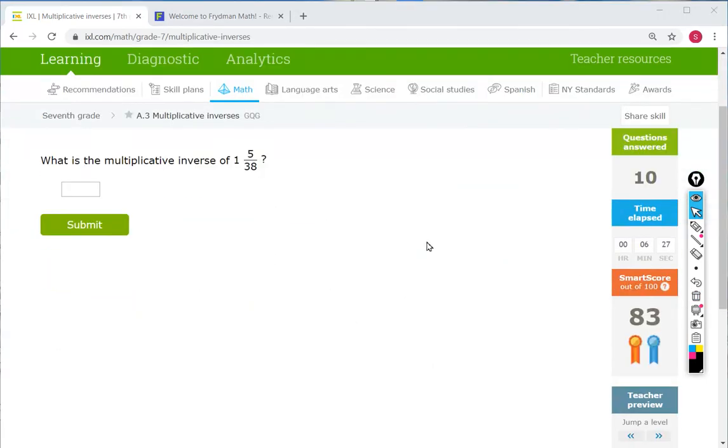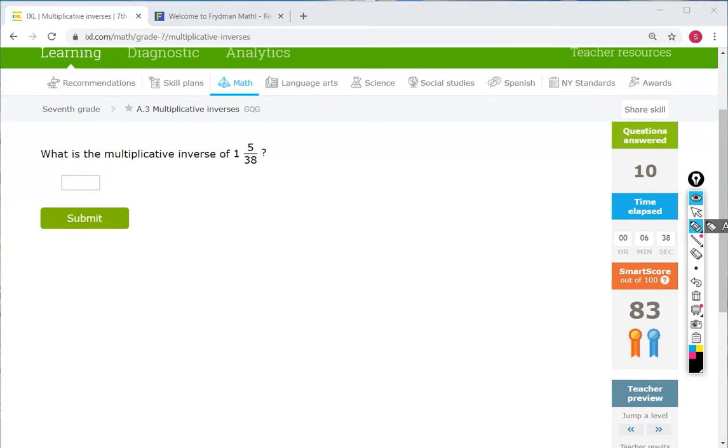Okay, so here, this one is different. What is the multiplicative inverse of 1 and 5/38? So the only thing that we would have to do for this one is to first turn it into, we have a mixed number here, so let's begin by turning it into an improper fraction.